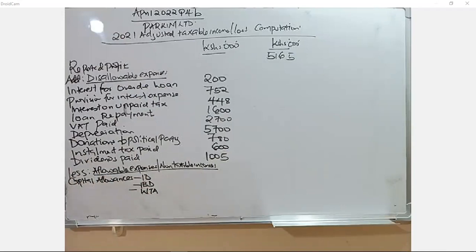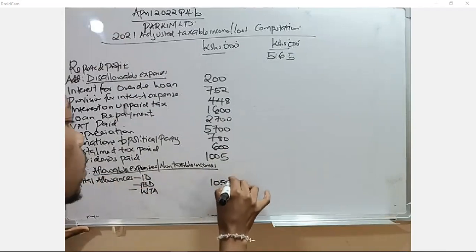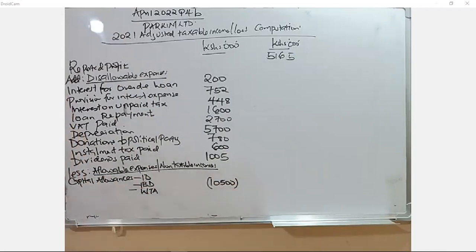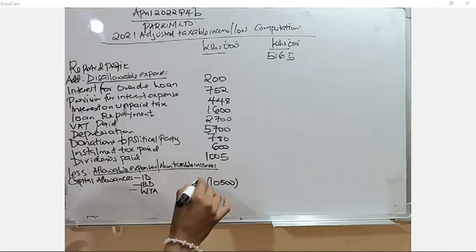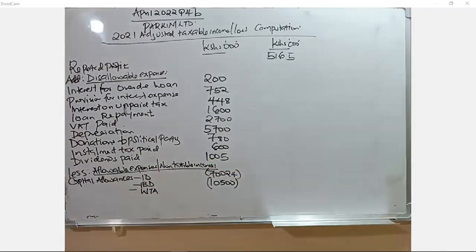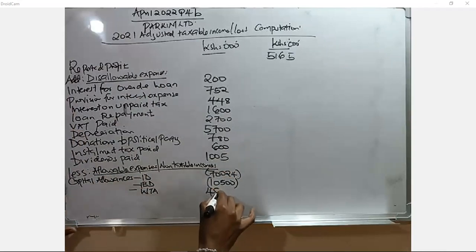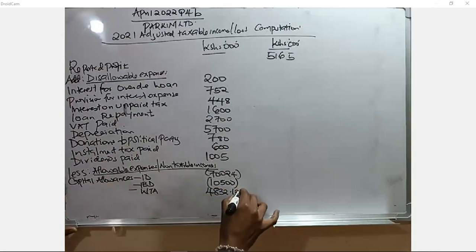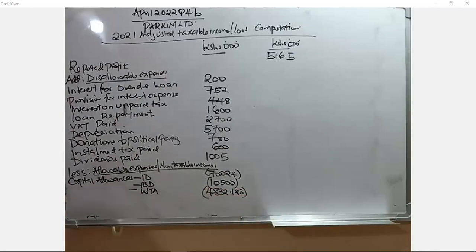What I remember, IBD we were able to get 10,500. ID, we were able to get 70,024. Then WTA, we were able to get 4832 point something. Let me use what I have here. 4832 is close to what we got.